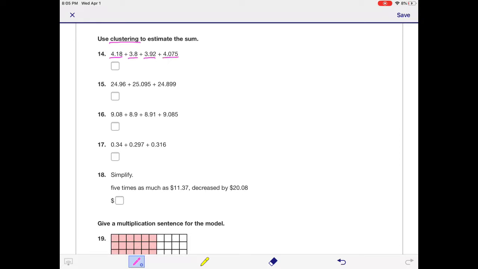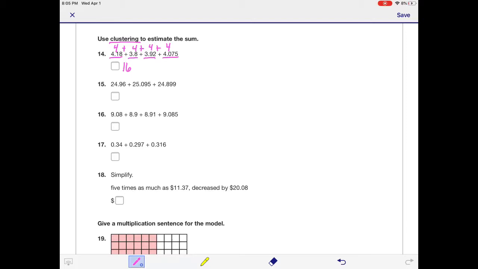What number can you look at that they all are kind of clustered around? They're all clustered around the number 4. So what we would end up doing is changing them each to 4. And you're adding 4 plus 4 plus 4 plus 4. So basically you're taking 4 times 4 and you're getting 16.